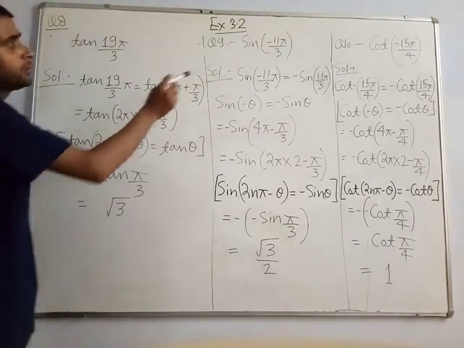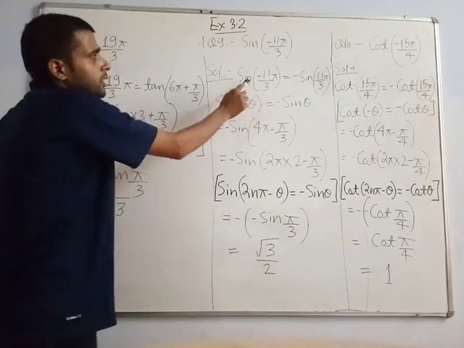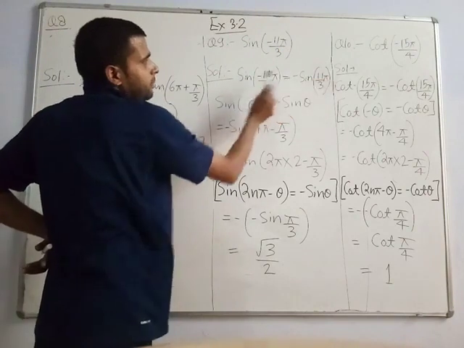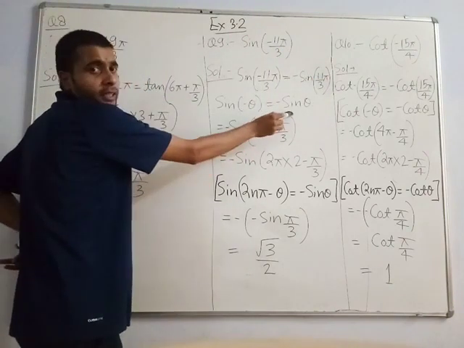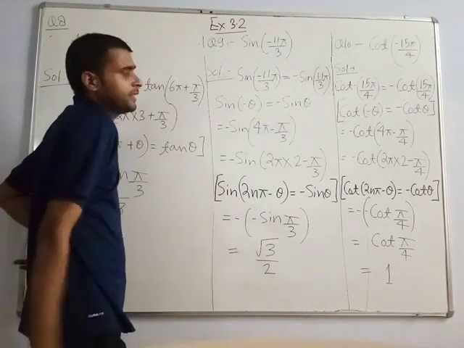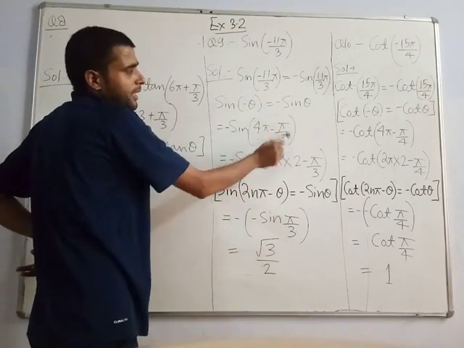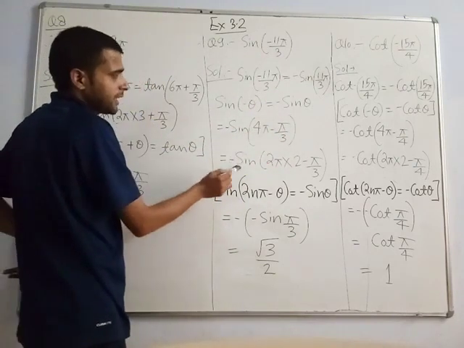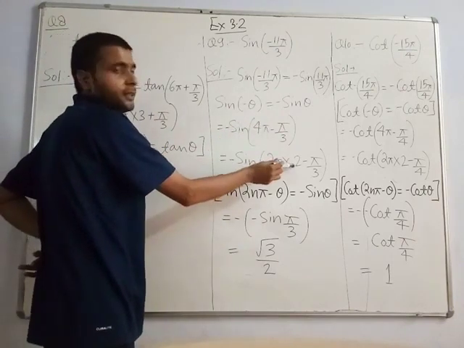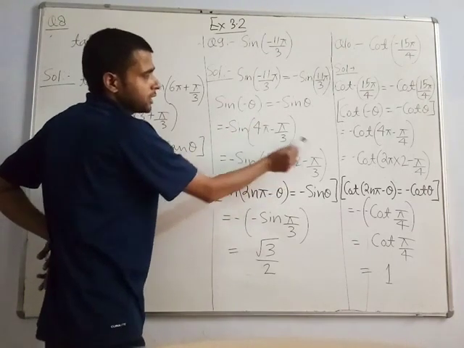But sin minus 11 upon 3 pi means minus sin 11 upon 3 pi. Sin minus theta equals minus sin theta. Then sin of 4 pi minus pi upon 3: 4 times 3 is 12 pi minus pi, 11 pi upon 3. So minus sin of 4 pi minus pi upon 3. Break 4 pi into 2 pi into 2, so 2 pi multiplied by 2 minus pi upon 3.